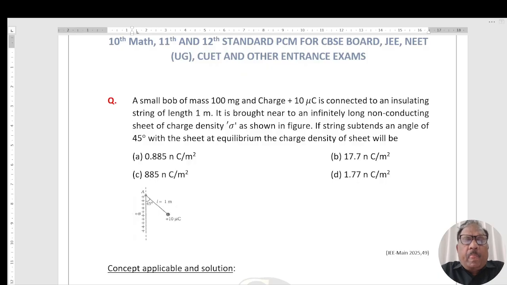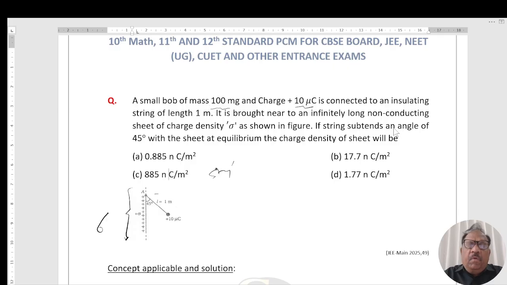Question is, a small ball of mass 100 milligram and charge plus 10 microcoulomb is connected to an insulating string of length 1 meter. This is the string. Length is 1 meter. It is brought near to infinite non-conducting sheets with charge density sigma, as shown in the figure.